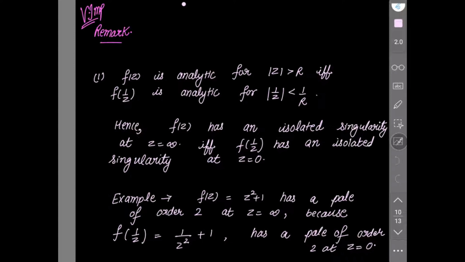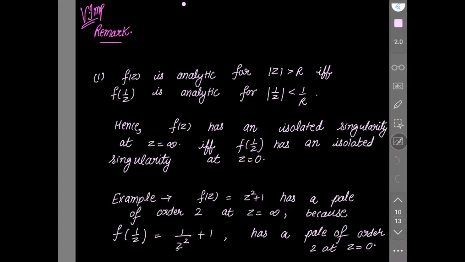For example, a very good example: the function f(z) is z squared plus 1. It has a pole of order 2 at z equal to infinity. Why? Because if you check f(1/z), this is equal to 1 over z squared plus 1.